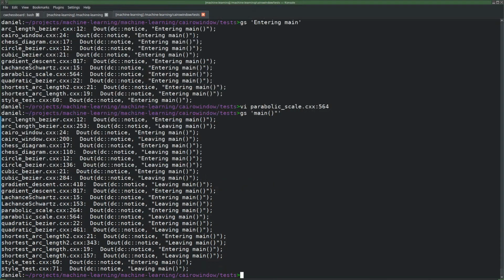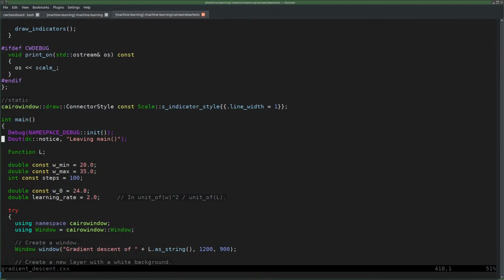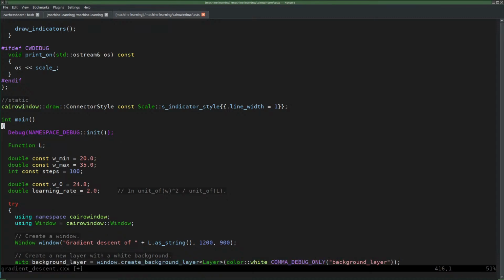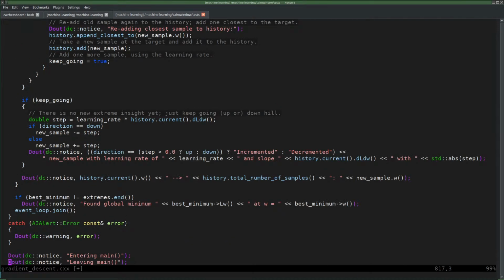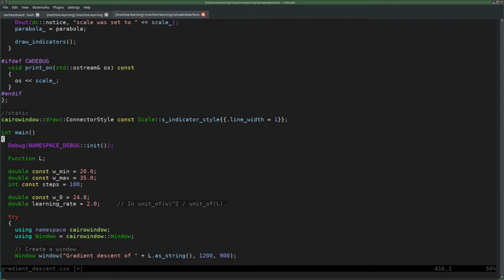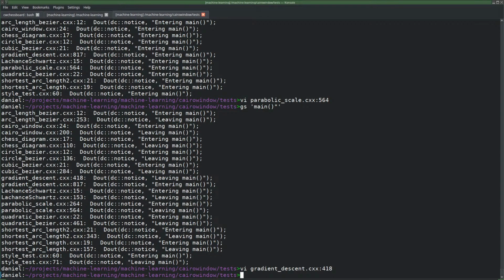Don't tell me I have that. Done more often. Oh, it comes from gradient descent apparently. Entering, leaving, entering, leaving. I just fixed that. Okay, now it's fixed.